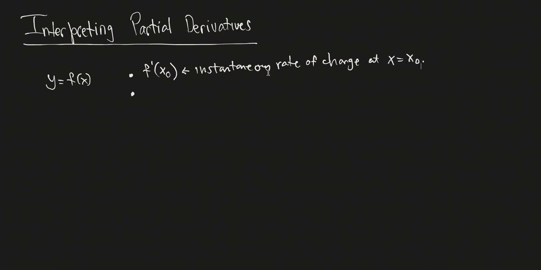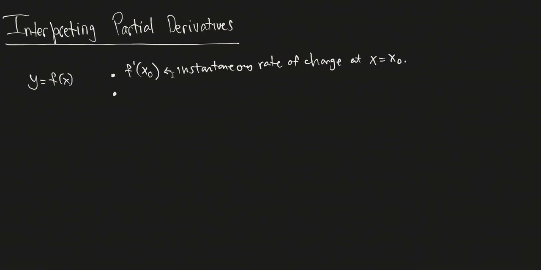And what does that really mean? Well, it gives us a way of measuring how quickly the function, our f of x, is either increasing or decreasing at that point.